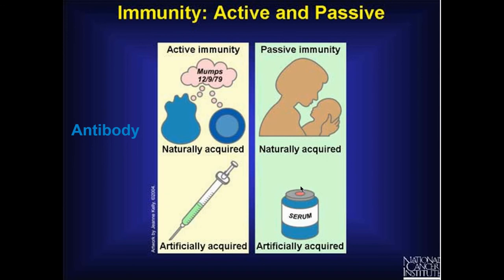And so when you create immunity through antibodies, there are actually 4 different types of immunity. There's naturally acquired active immunity. There's naturally acquired passive immunity. And then there's artificially acquired active immunity and artificially acquired passive immunity.